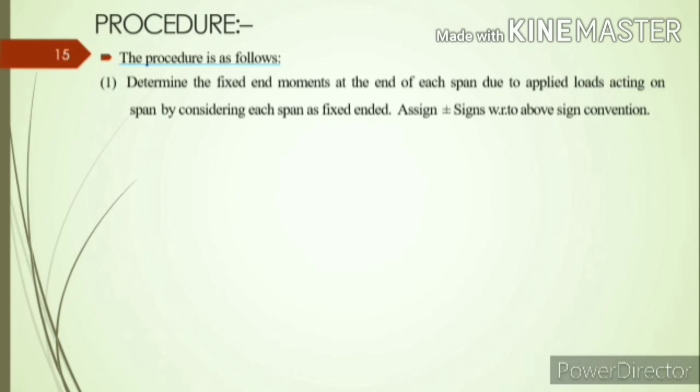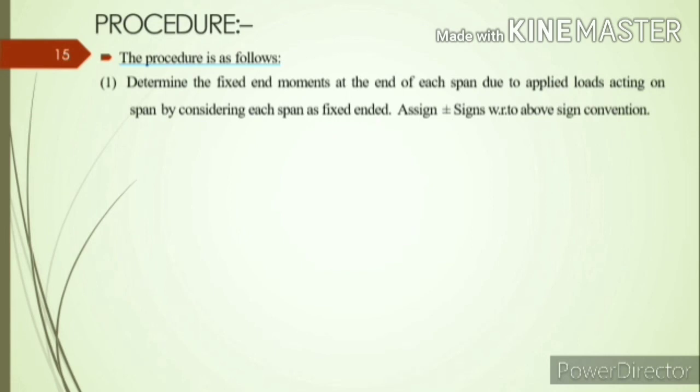So in the slope deflection method, the first step is the determination of the fixed moments. I already discussed the equations for the different load conditions in the previous slide.